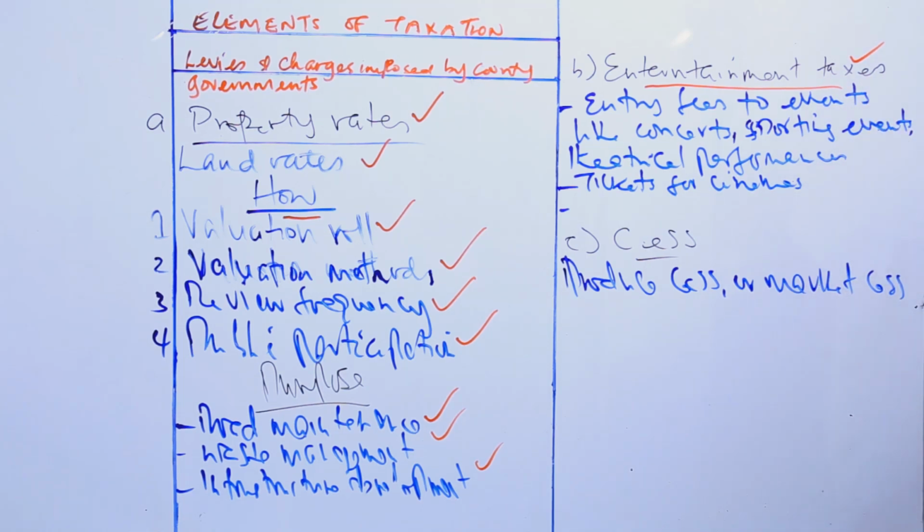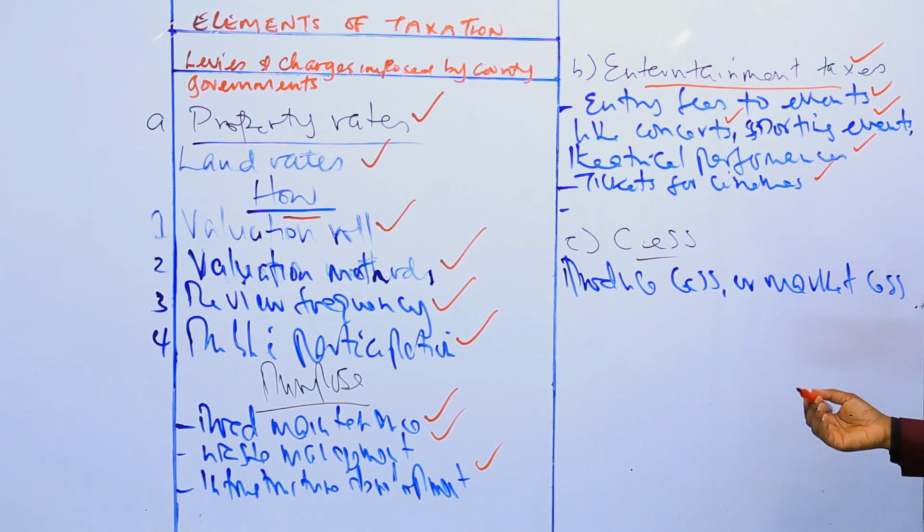Then we went ahead to identify entertainment taxes as another form of tax. In this lesson, we've said that entertainment taxes are levied by county governments on various forms of public entertainment, including entry fees to events like concerts, sporting events, theatrical performances. It may also be raised through tickets for cinemas or other forms of public amusement. There are also charges for using certain recreational facilities and so on.